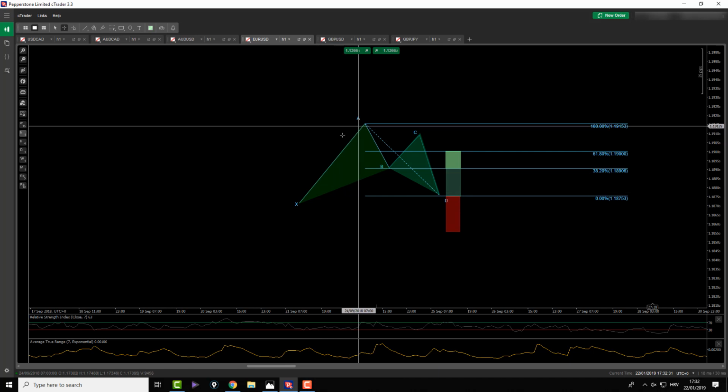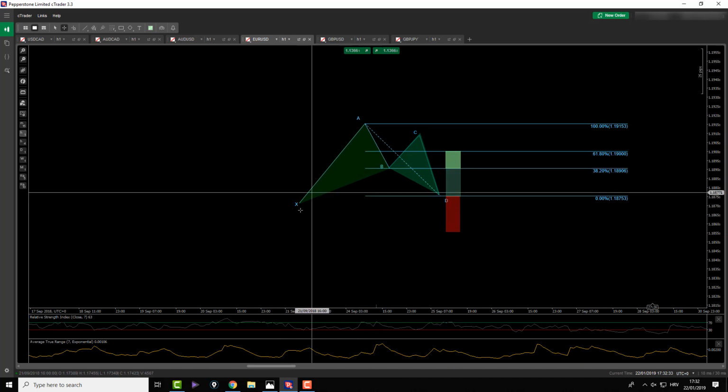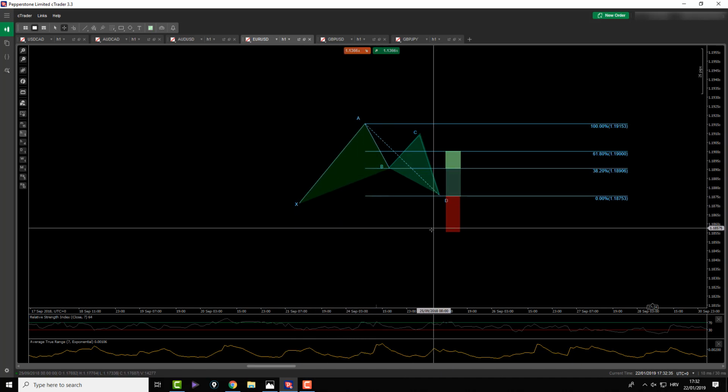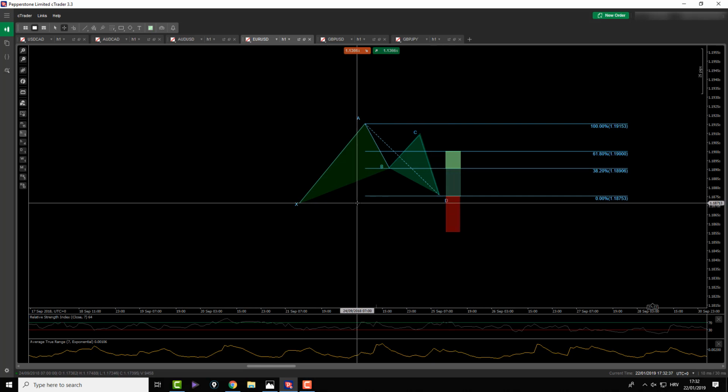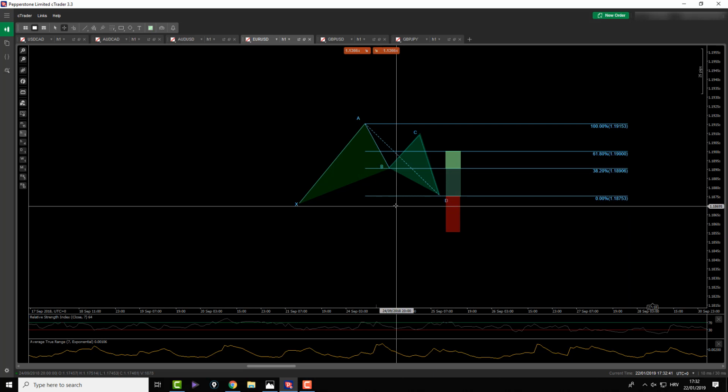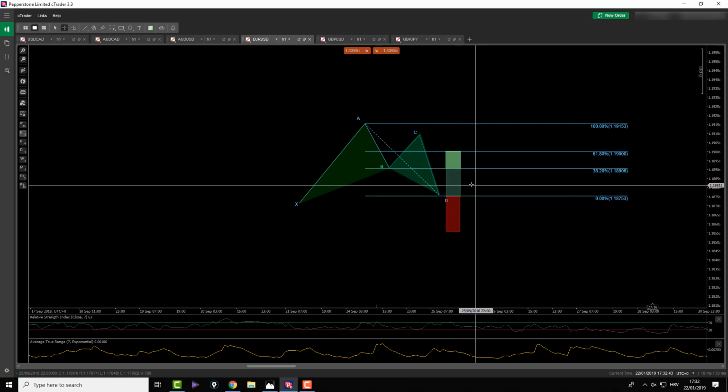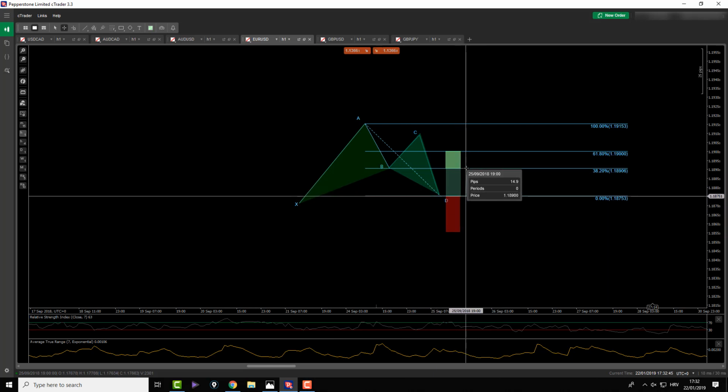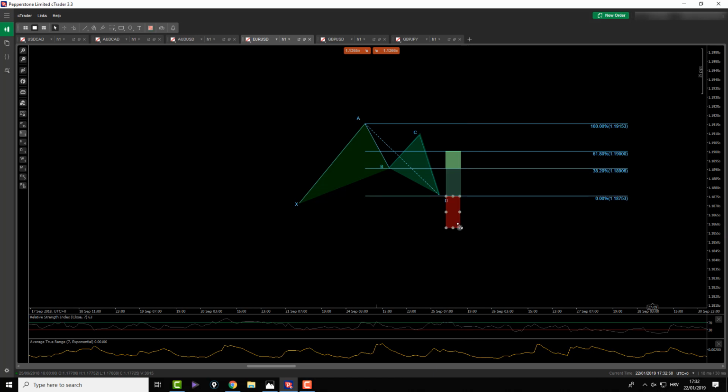Some people use some kind of fib inversions from A to X. Some people use a bunch of different things. Equal, fixed amount of pips below the X point, etc. Some people need 1-to-1, so if they see that from D completion to 38 is 15 pips, they will put 15 pips here, so they will reduce the risk, etc.